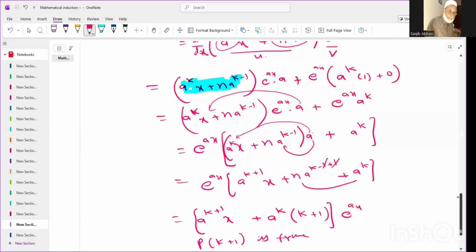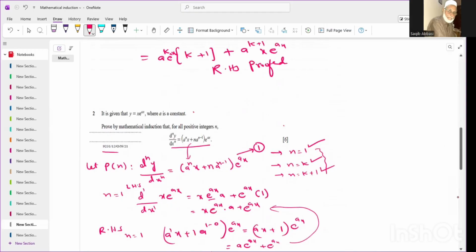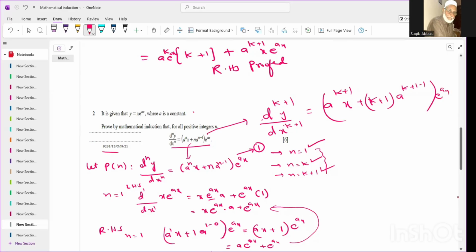Now look at the above equation. Now how to prove this one? Look, if we put here d^(k+1)y/dx^(k+1), we get a^(k+1) x plus (k plus 1) a^((k+1)-1) into e^(ax).